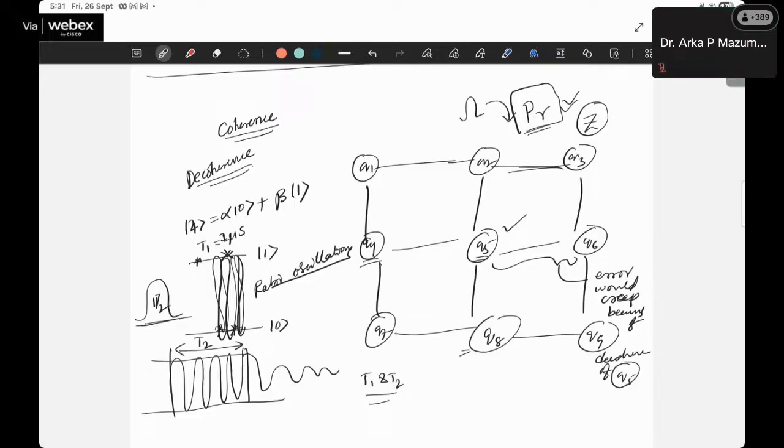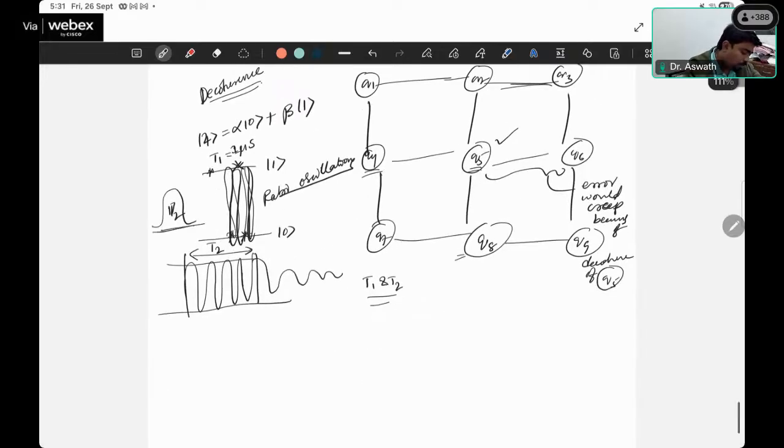Okay. So now, what does decoherence mean for me? Among all the qubits together, decoherence can even happen at a single atom itself. What is that single atom? If I have an atom in a superposition of 0 and 1, it means I have taken a system in a ground state initially, an electron.